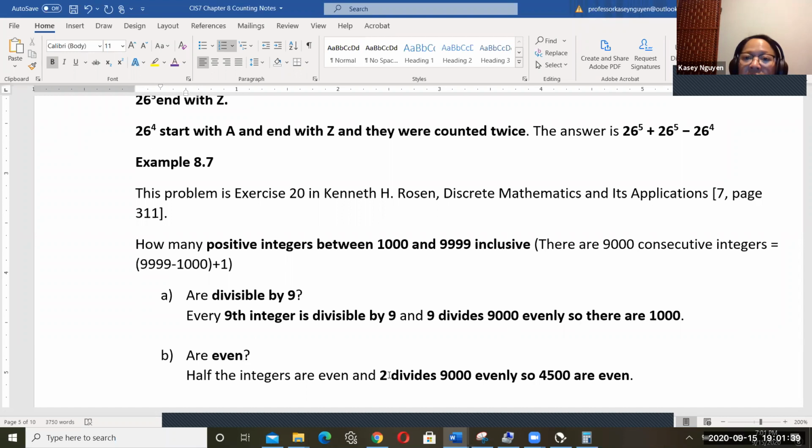So we would take 9,000 divided by 2, which gives us 4,500 that are even. Any questions?